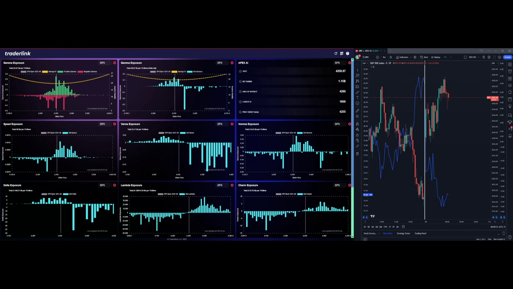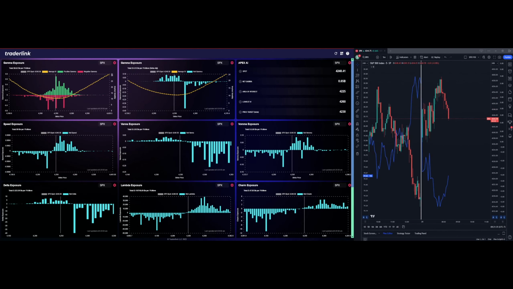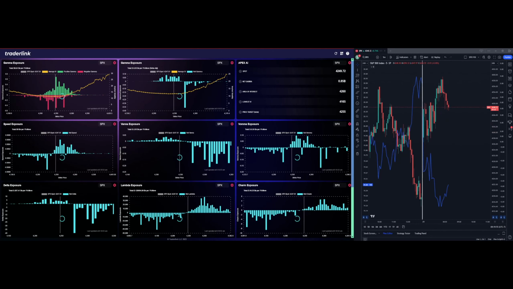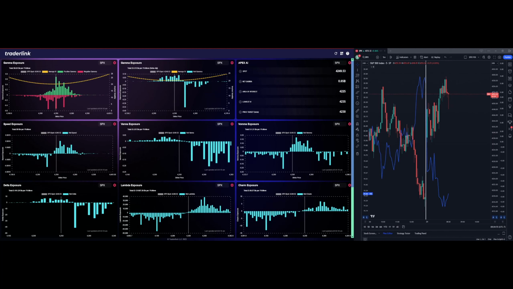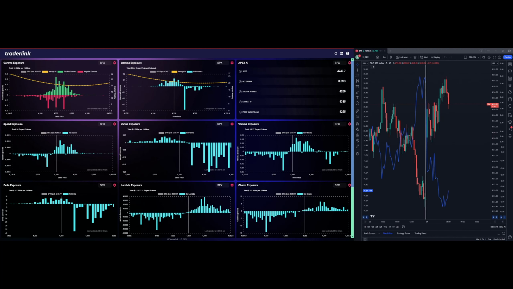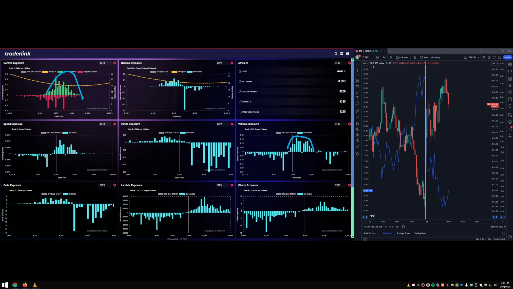There's also an effect you can see on VOMA and speed as we start hitting this upper area. You can actually probably see it on Gamma as well.